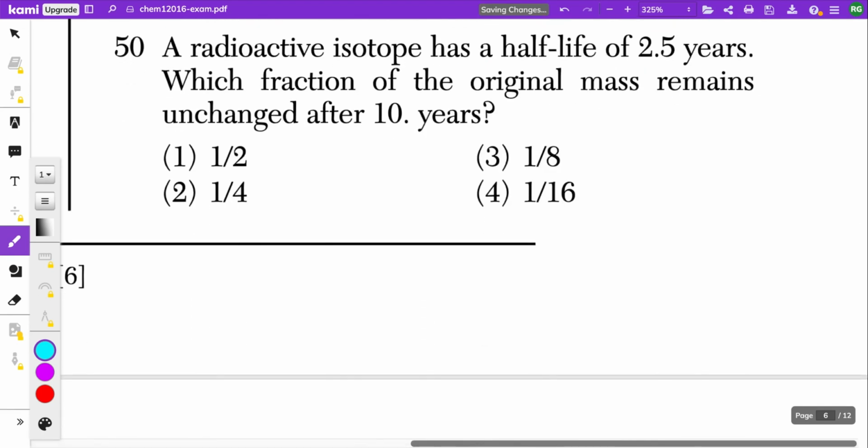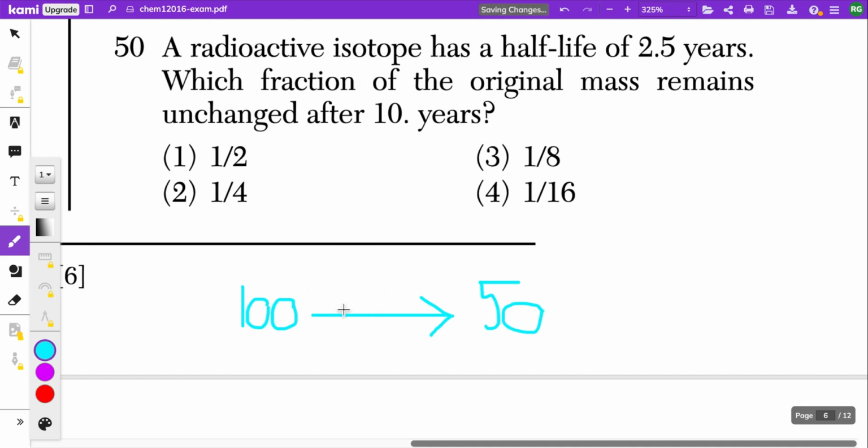Radioactive half-life is just how much time it takes for half of the nuclei in your sample to decay. Imagine you have 100 nuclei in a sample, and eventually it's going to decay into 50 nuclei over some period of time.